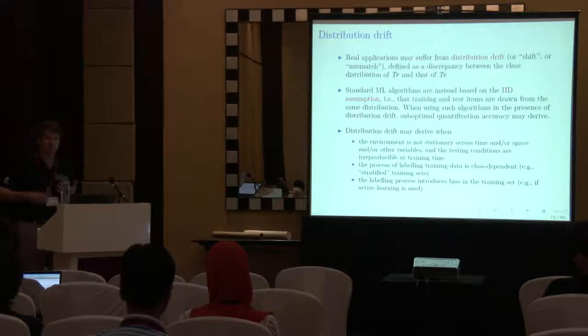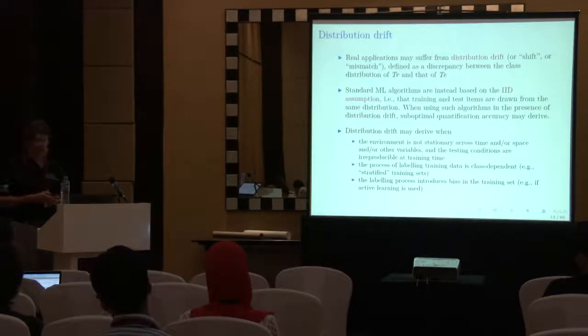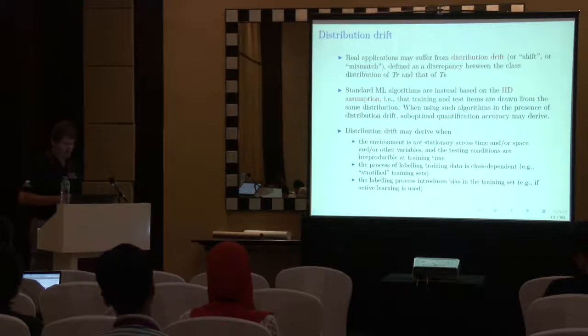We would remove a lot of negative examples and try to get a very high number of positive examples. In doing this, it's clear that the class prevalence that we build into the training data is radically different from the class prevalence that occurs naturally in the testing data. This is what we call stratified training sets.